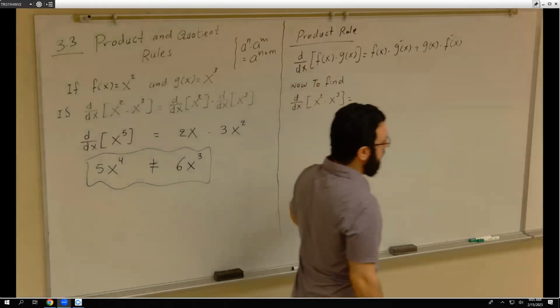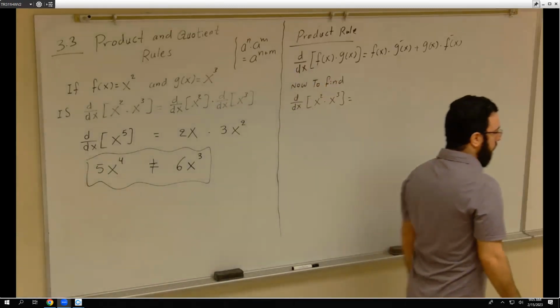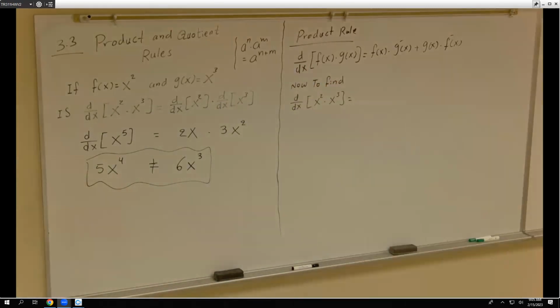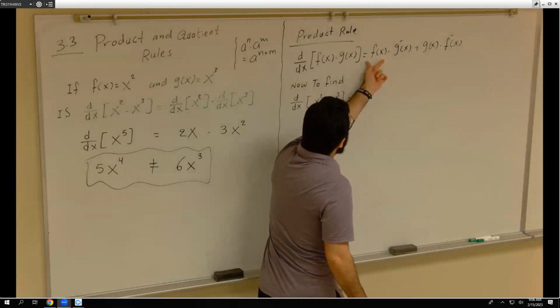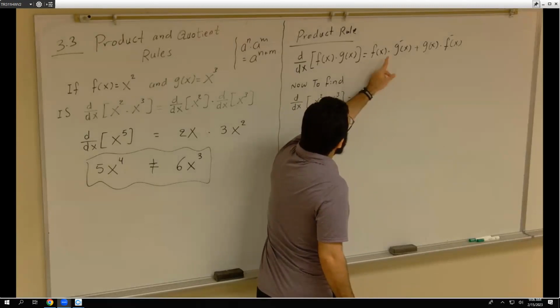The product rule. To find the derivative of a product between two functions, the rule says the derivative of f of x times g of x is going to be the first function times the derivative for the second one.